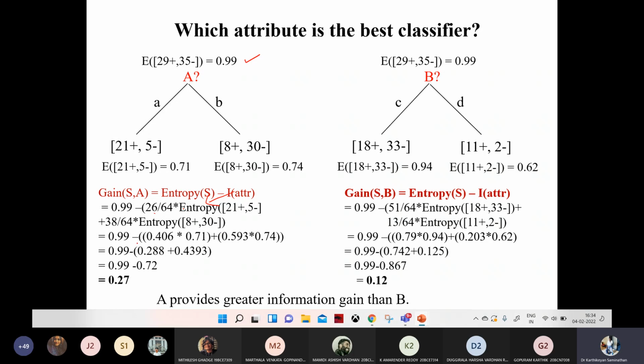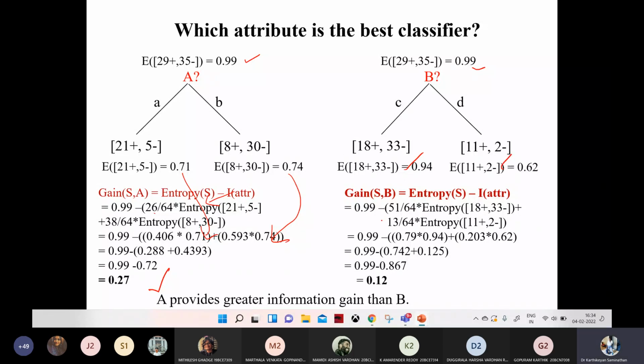When you multiply, 26 divided by 64 is 0.406, into the entropy of 0.71. Multiply and you will get 0.722, subtract from 0.998, and 0.27 is your gain here. Similarly, calculate the entropy here, again here, then here.